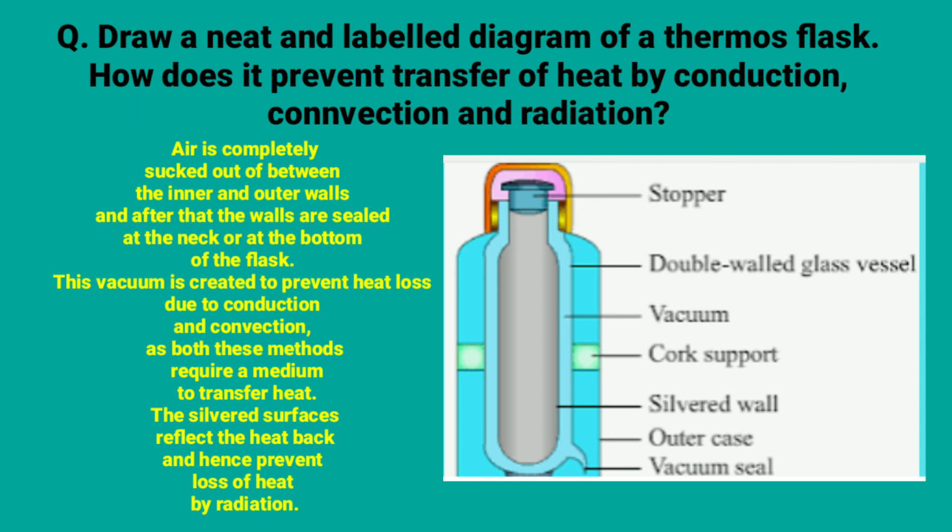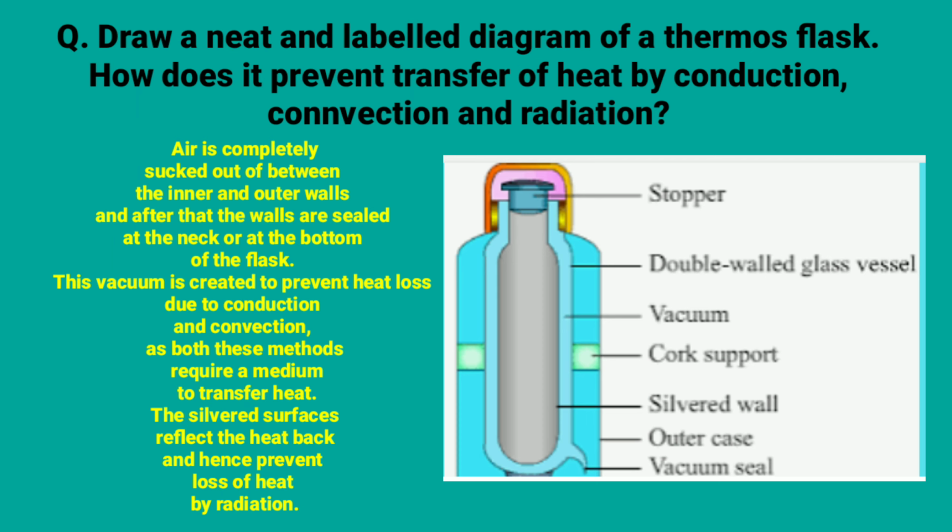The next question is, draw a neat and labeled diagram of a thermos flask. How does it prevent transfer of heat by conduction, convection and radiation? Actually, a thermos flask is a double walled flask which is vacuum sealed at the neck or at the bottom.